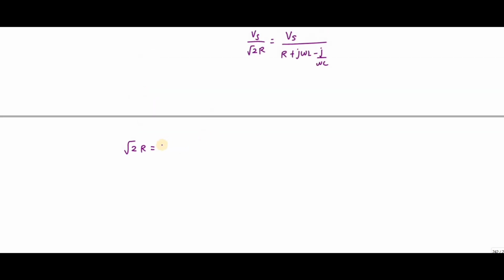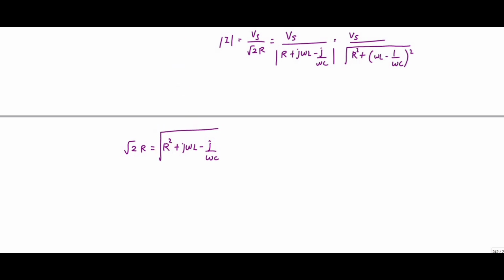So you will get root 2 R is equal to R plus j omega L minus j by omega C. If I take the magnitude of I, it should be Vs divided by root 2 R. So that has to be equal to Vs divided by the square root of R squared plus omega L minus 1 divided by omega C, whole squared. Okay, this is how it is.